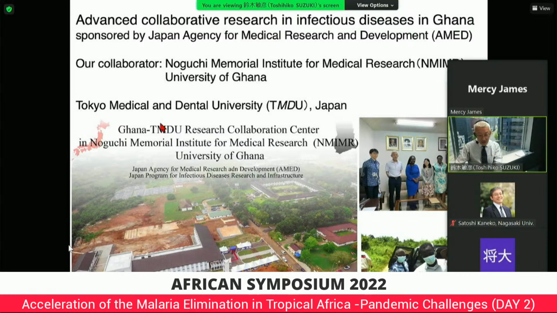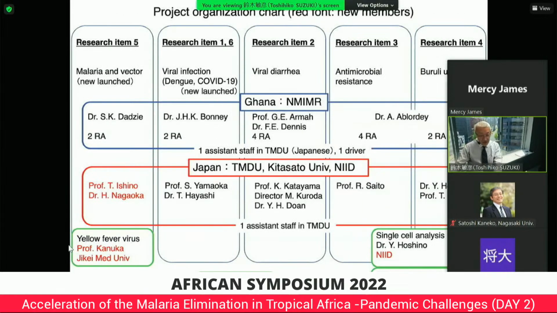Now we continue the research on several infectious diseases in Ghana, sponsored by the Japan Agency for Medical Research and Development from 2020. This is the current research organization chart. Each research item is in the charge of the Noguchi Institute and Japanese researchers. I will briefly describe each research item.